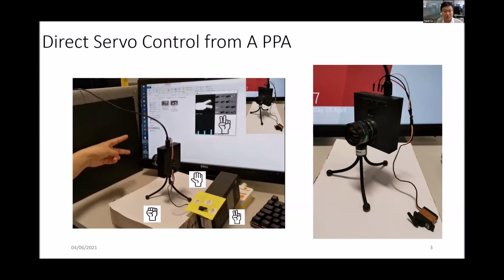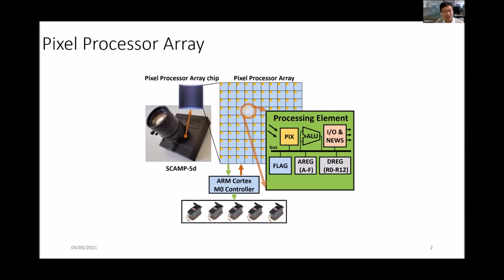Actually, there's a library developed by the University of Manchester in the M0 controller. Basically, we can use the results from CNN inference and use the library for PWM to control the motion of the servo motor.